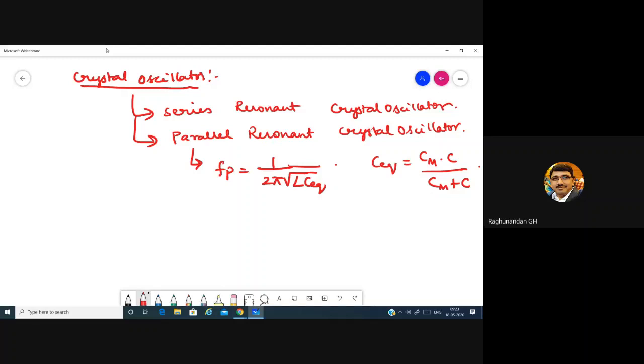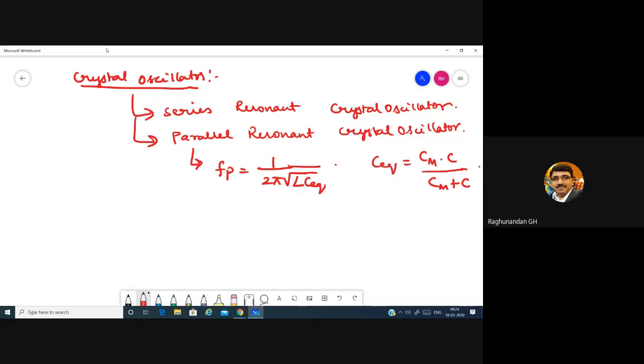There is no derivation, just remember the formula. In the exam, when I compare with the analog electronics question paper, because these are all part of the analog electronics syllabus, they usually ask in the oscillator: explain the Wien bridge oscillator or the Hartley-Colpitts oscillator and derive the expression for the frequency of oscillation.